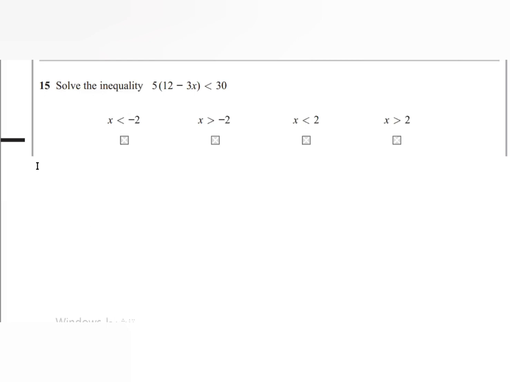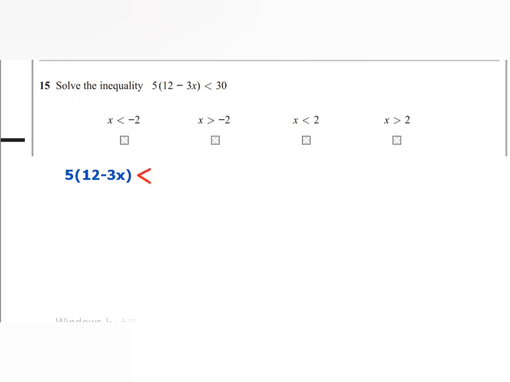Now let's write the inequality here first and then we will work it out. So we have 5 bracket, we have 12 inside of it, minus 3x, and then smaller than, let's make it with this line, like this.